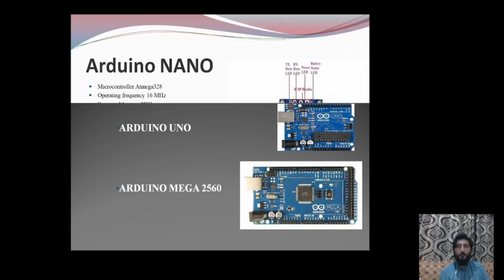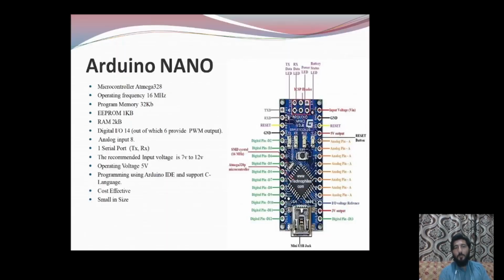So let's start with the Nano. Arduino Nano is a small package of the Arduino. It has 14 digital IOs, inputs and outputs. Among the 14, you can use 6 of them as PWM outputs. It has 8 onboard analog inputs.